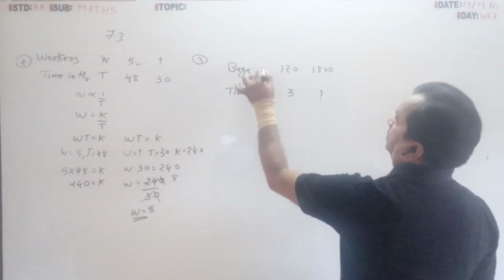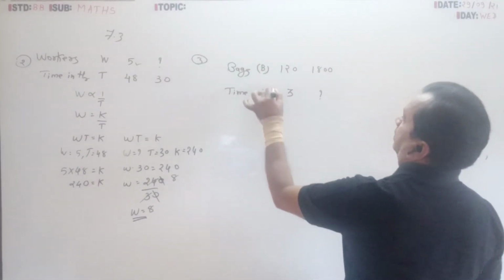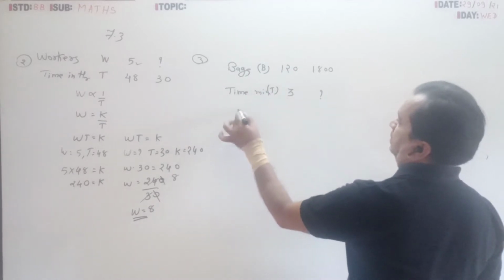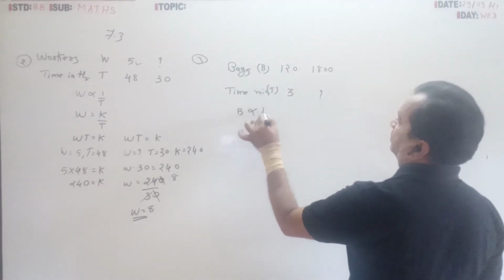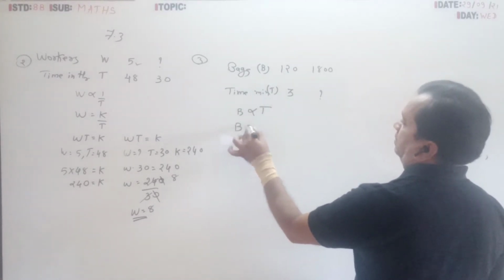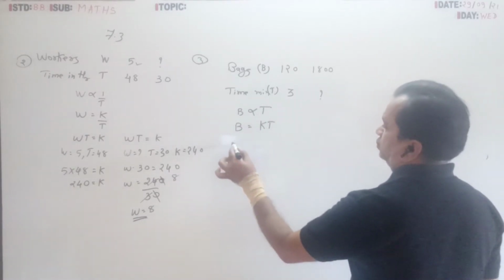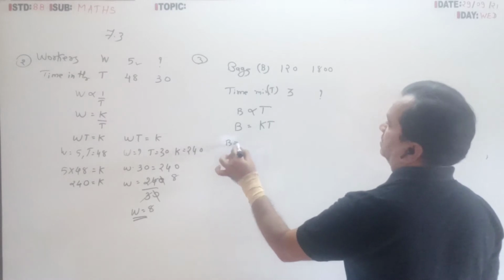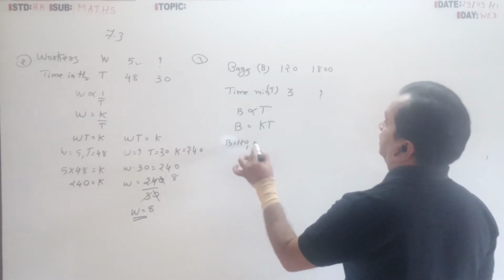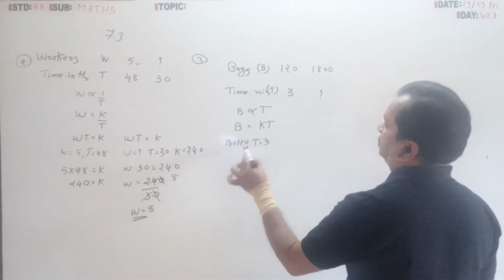Here B and T. B is directly proportional to T. B is KT. So B is 120, T is 3.